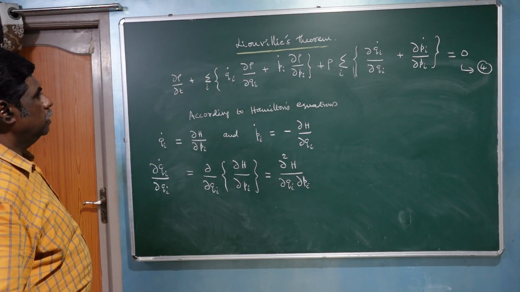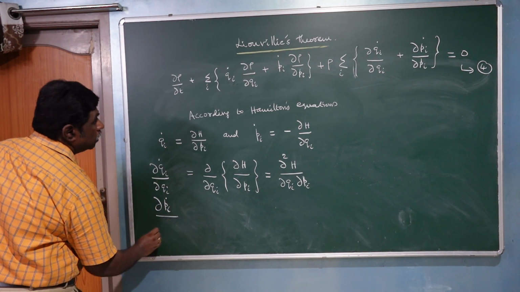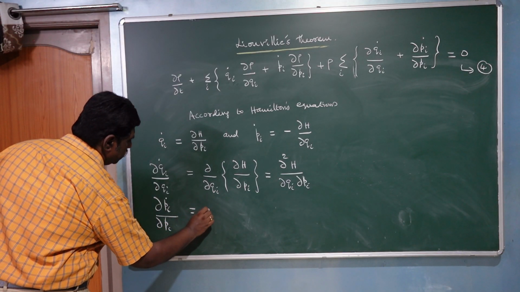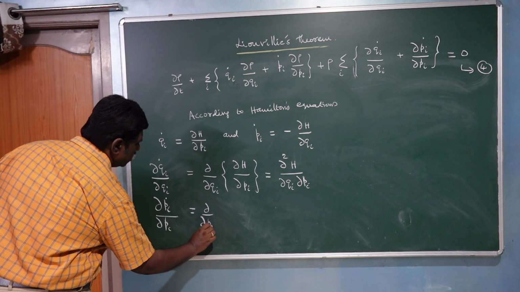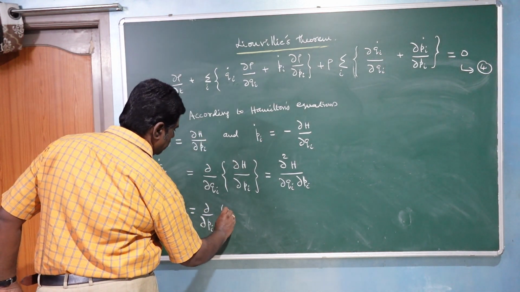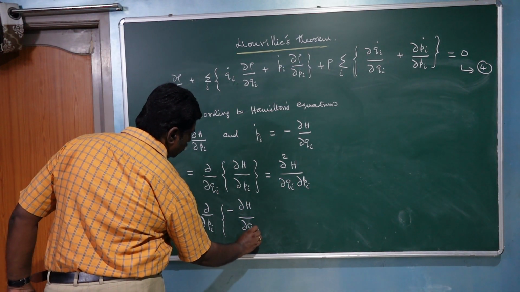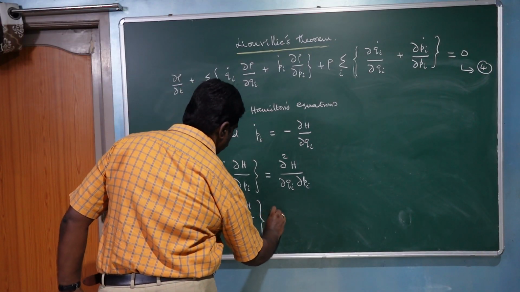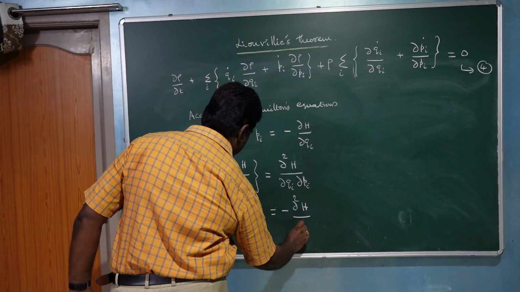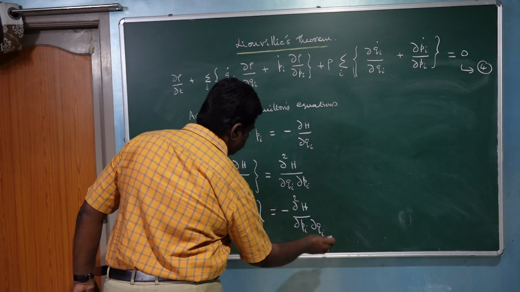In the same manner, dou pi dot divided by dou pi is equal to dou by dou pi of the value of pi dot, which is minus dou H divided by dou qi, which is equal to minus of dou square H divided by dou pi into dou qi.